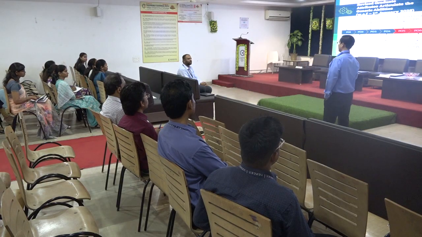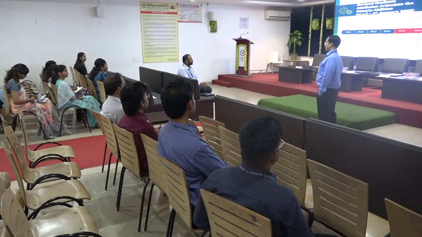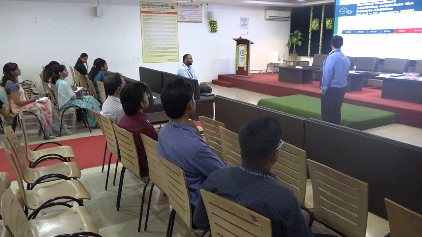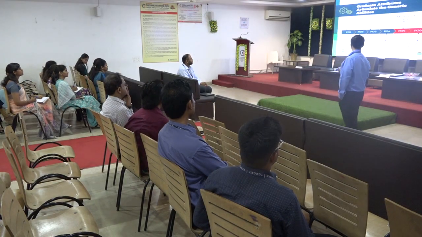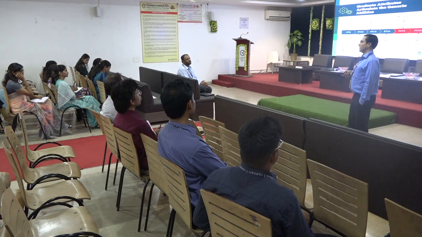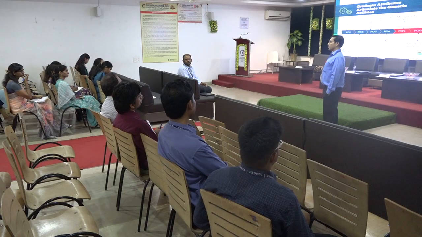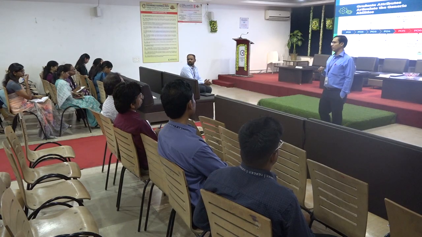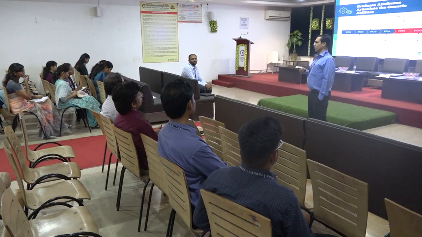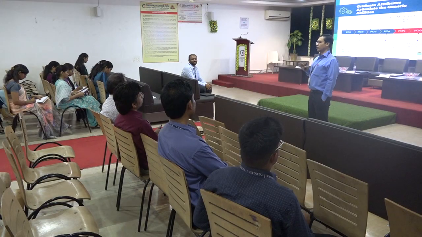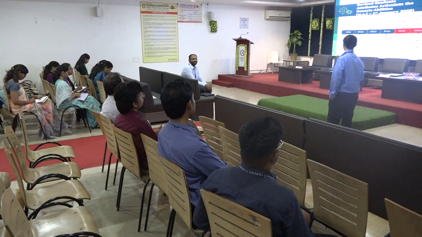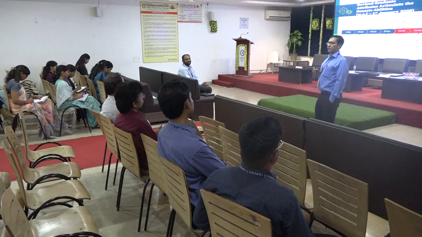Now there is a change in PO5. Previously PO5, you can see what is written here, was modern tool usage. This was the previous guideline by NBA. Now they have revised it to engineering tool usage.